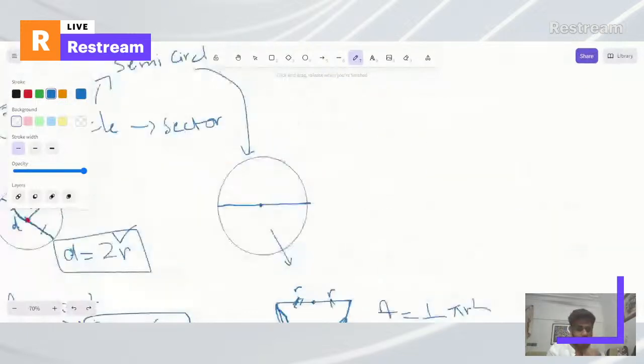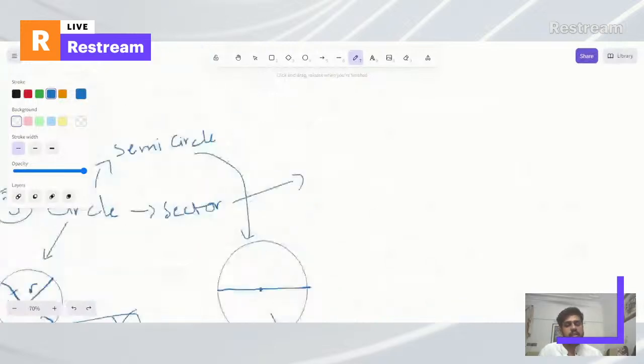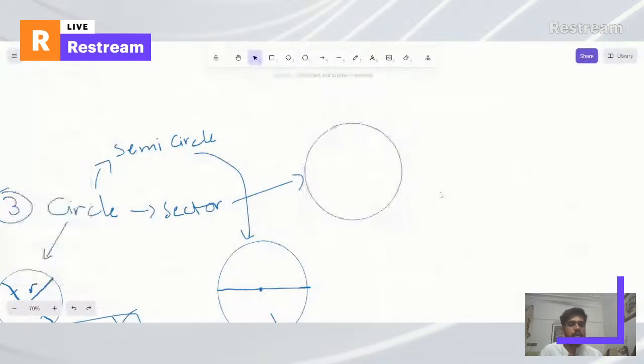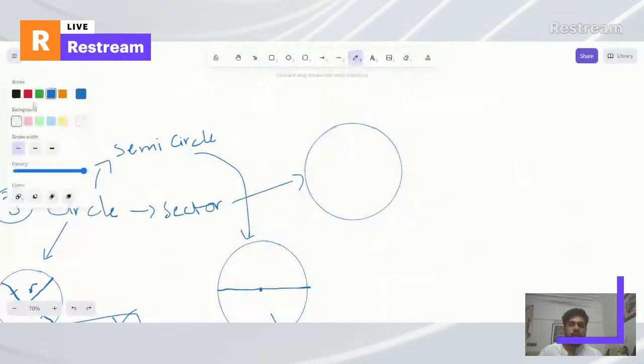Now one of the major topics is going to be sectors. In case I am not able to complete this sector in this lesson because it's a big topic, we're going to continue this on Monday, hopefully, right? So stay tuned. This is the center of the circle. Now what's a sector?